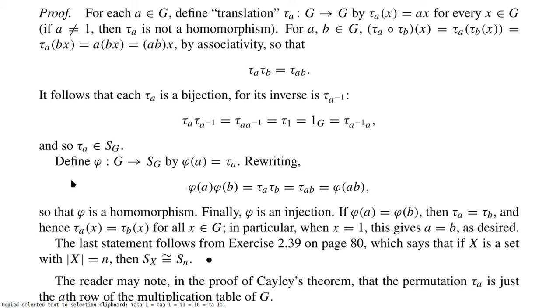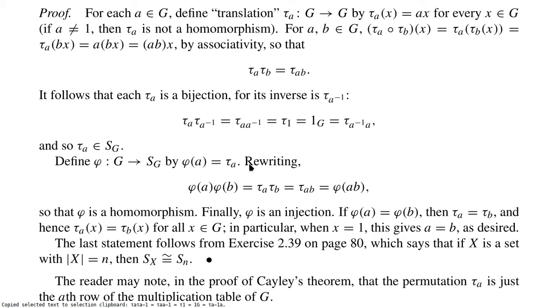Okay, I hope that's clear. So now you define again a map phi going from G to S_G. What it does is take every element from the group and give you the translation of that element in S_G, because S_G is filled with these taus, these translations.